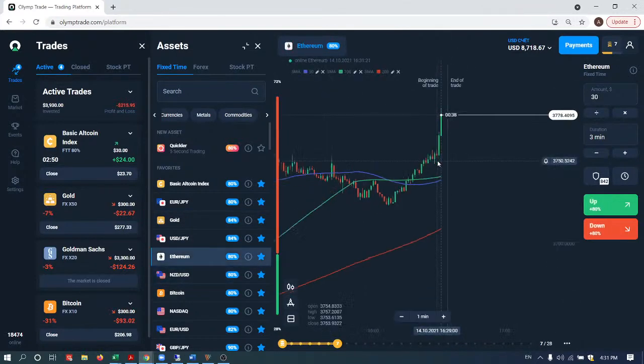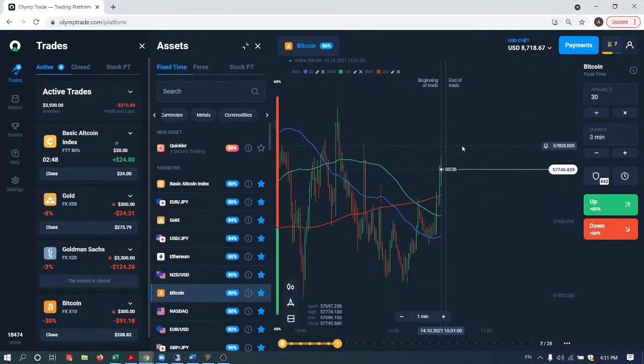And so Ethereum going up, Bitcoin going up.